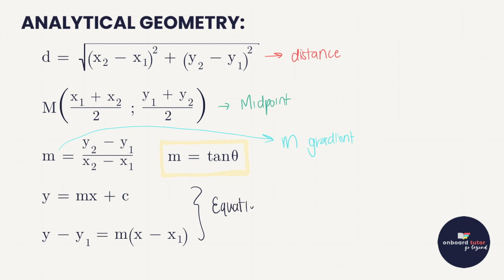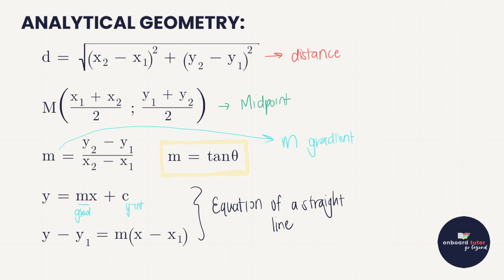This equation of a straight line comes up often in analytical geometry questions, and it's good for us to know how to work it out. This is the most common form, y equals mx plus c. By now, I hope straight away, jumping into your brain, you see the gradient and you see the y-intercept represented by the equation.